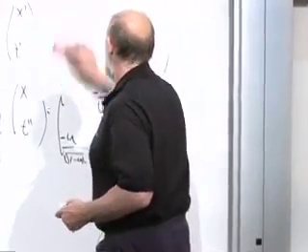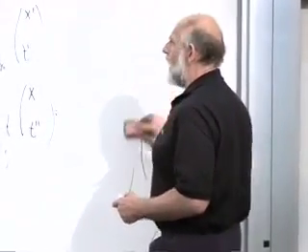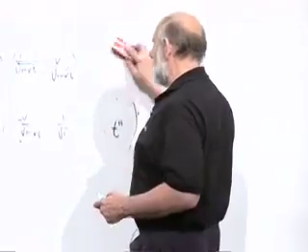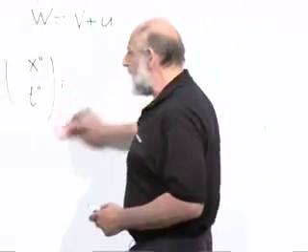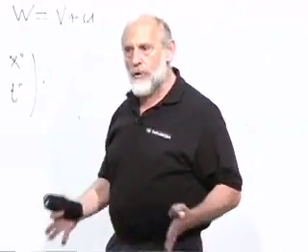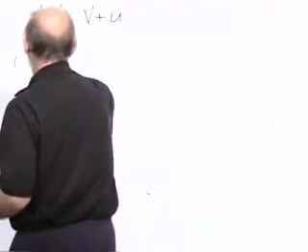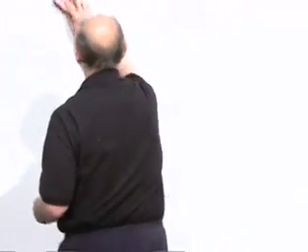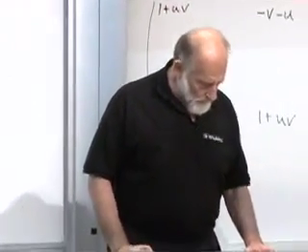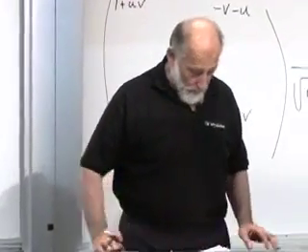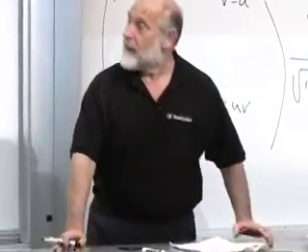X, Y, and Z are the components of a displacement vector from the origin, but x, y, z, and t can be thought of as the components of a four-dimensional vector, including time, whose components are these objects x mu. x mu are the components of a four-vector. A four-vector is one which includes not just three spatial components, but a time component also.